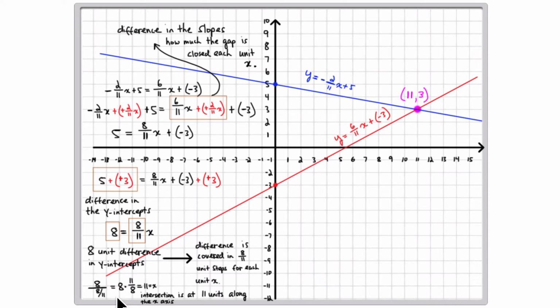There's no flipping it and switching or whatever people say to try to remember. You just multiply by the multiplicative inverse. So 8 divided by 8/11 is the same as multiplying by 11/8. This 8 times that 11/8 right here equals 11, which is x. Here's x right out here, which is 11. So the intersection is at 11 units along the x-axis.